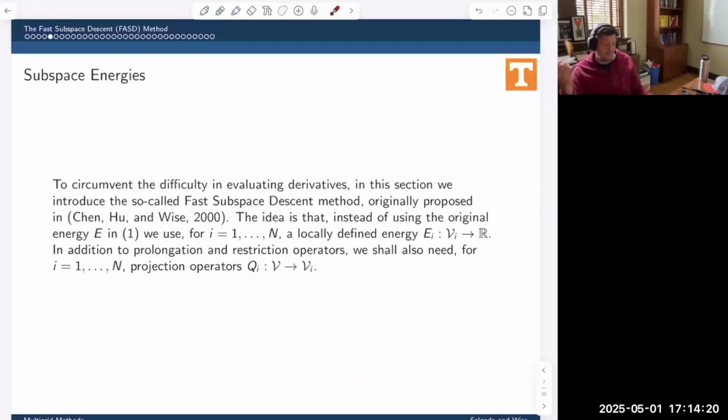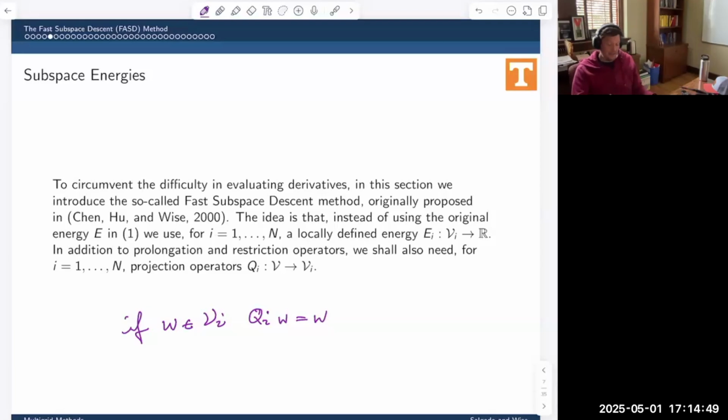So what do we mean by a projection manner? Well, if W is already in V_i, then Q_i W, probably should have written V_i, is just equal to W back, right?